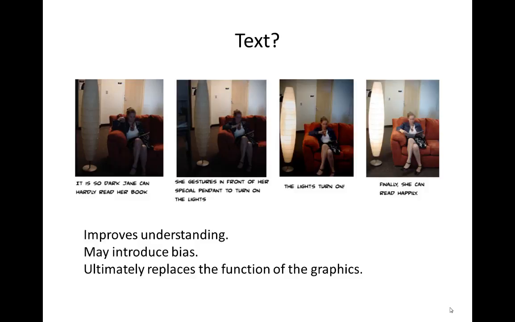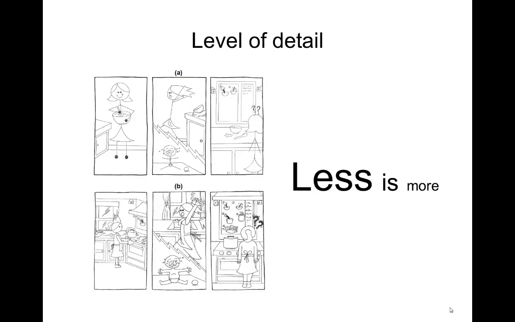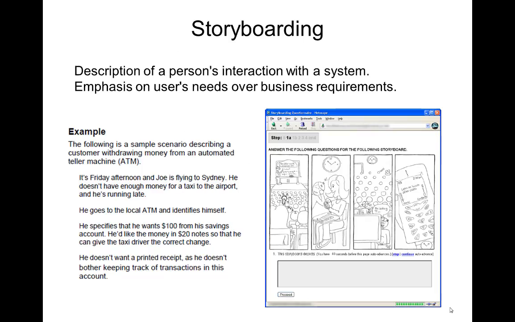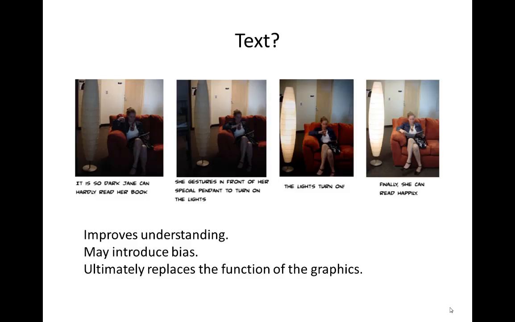Text: as I said before, you could have just a story through text, or just through images, or you can have images and text. They looked at whether adding text was helpful. They did say it does improve understanding, not surprisingly, if you've got a picture and a text and both are telling you the same thing. As we saw with the earlier one, and my inability to decipher that on the fly, if you don't have some context to go with it, it can be quite difficult to understand.